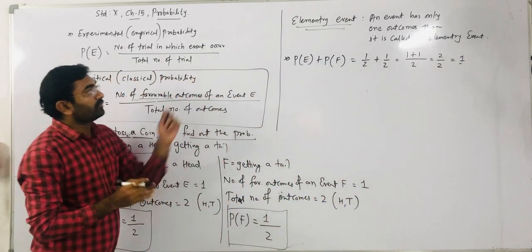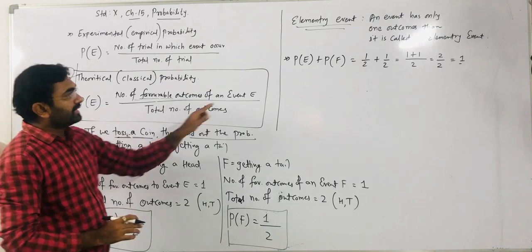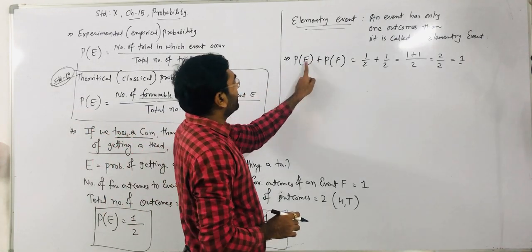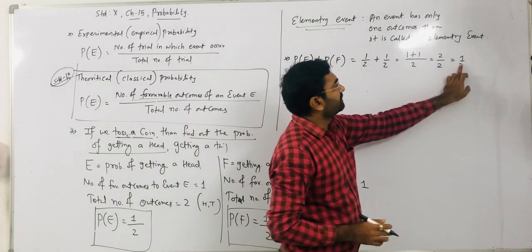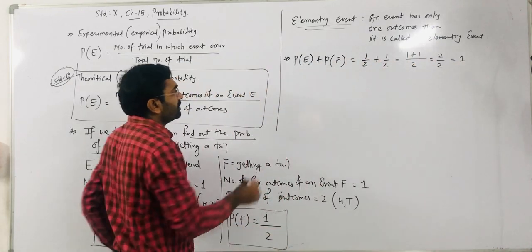So what can we conclude from this? Here we can say whenever we sum the probability of elementary events, what do we get? 1. Okay, so remember that thing.